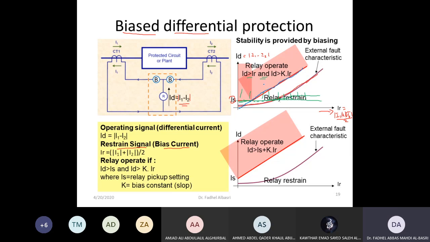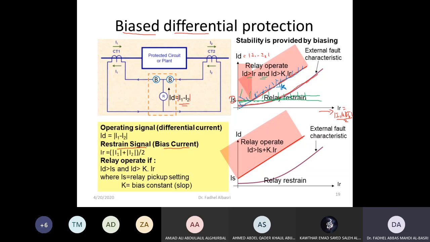What is this straight line equation? It has a slope, which we call the bias. The equation is ID equal to the slope times IR. So if the differential current is higher than K times IR, it means it's above the blue line.